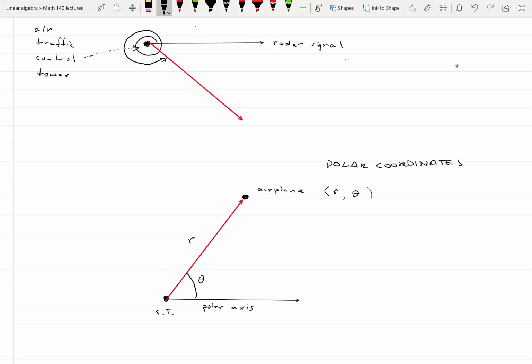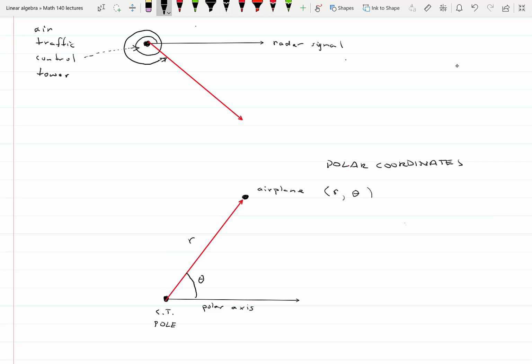So we can call the polar axis a sort of renaming of the positive x-axis. The control tower, the actual name of that is not the control tower. For our situation it is. We call that the pole. The pole is very often where we would put the origin. So we have this ray, this half of a line, which we call the polar axis, and then this new renaming of the origin, we call the pole.